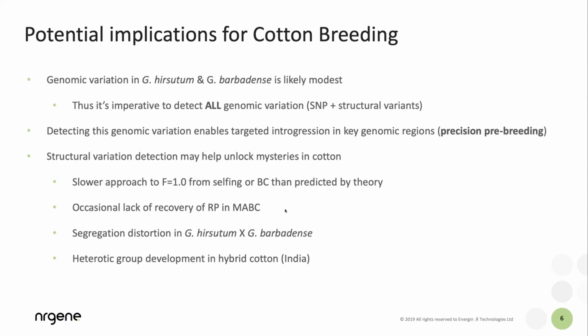If you've worked in cotton before, you probably know that genomic variation in the primary gene pool of Hirsutum and barbadense is likely modest. I've worked in wheat, soybeans, other crops, and for a self-pollinated crop, you have modest genomic variation detected by SNP markers or SSRs or whatever.